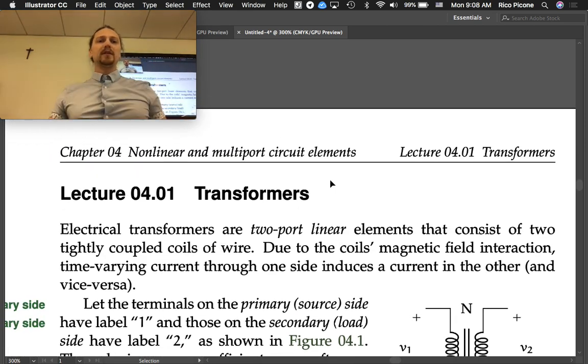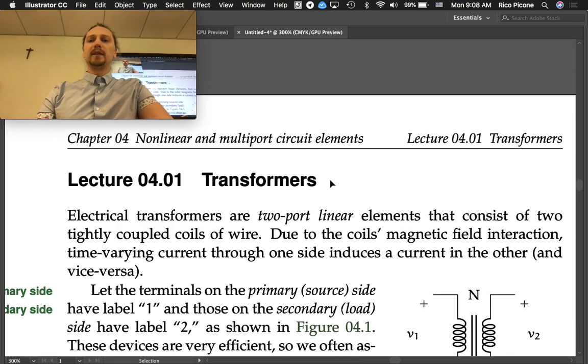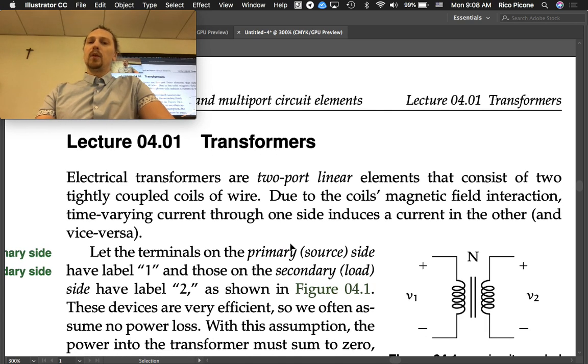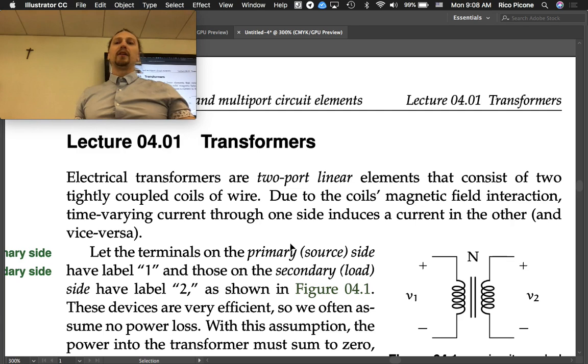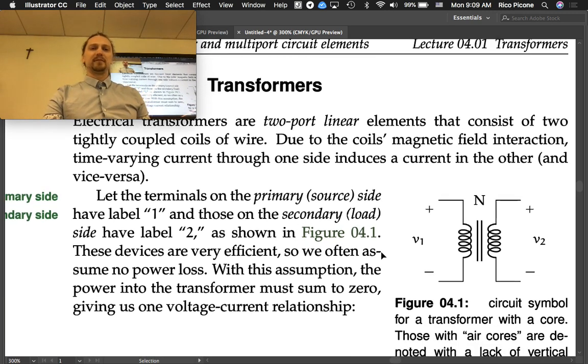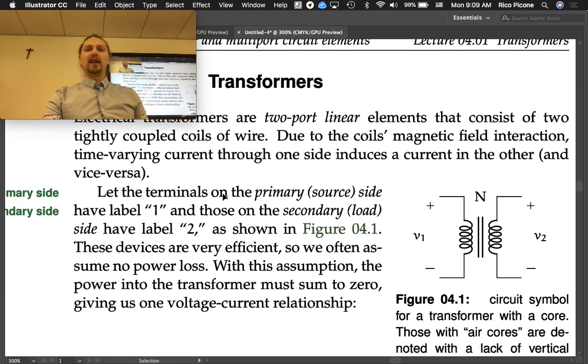Transformers are two-port linear elements that consist of two tightly coupled coils of wire. Due to the coil's magnetic field interaction, time-varying current through one side induces a current in the other and vice versa. So let the terminals on the primary or source side have label 1, and those on the secondary or load side have label 2, as shown in figure 4.1.